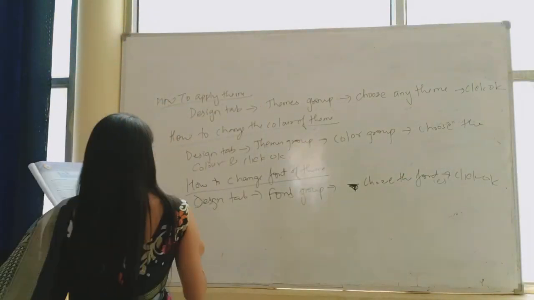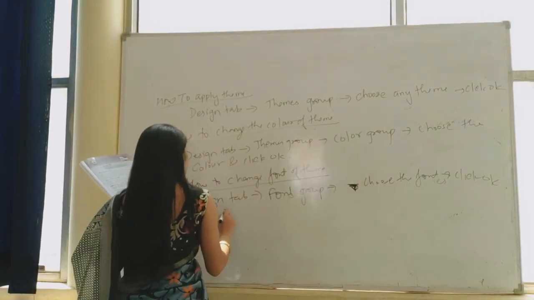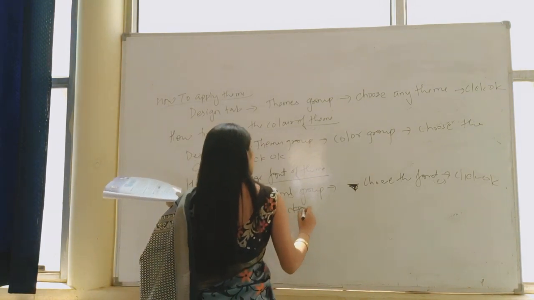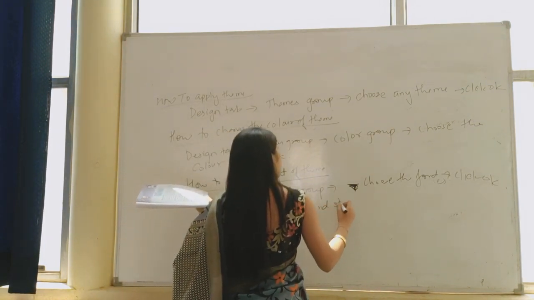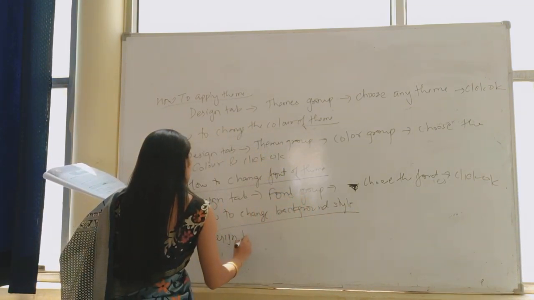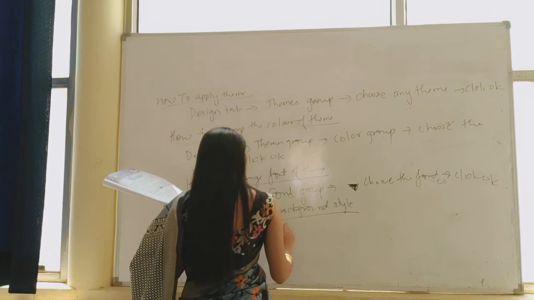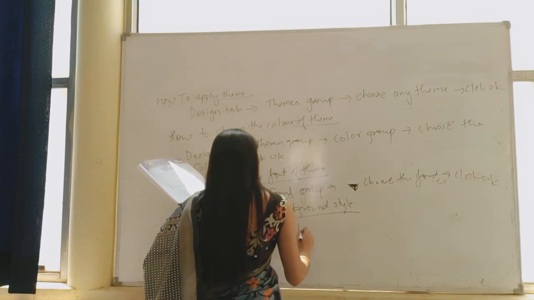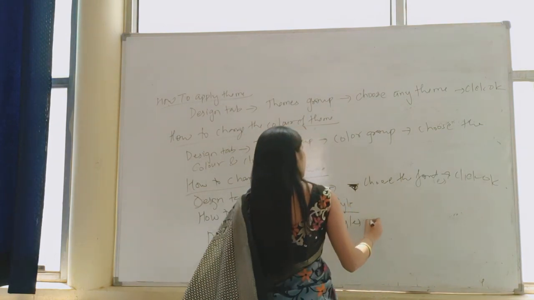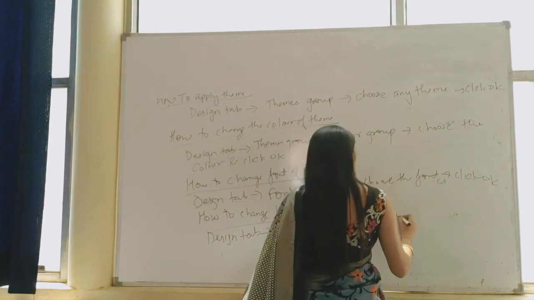Okay, next one is how to change the background style. If you want to change the background style, follow these steps. Click on the design tab, then click on the background styles drop down list.